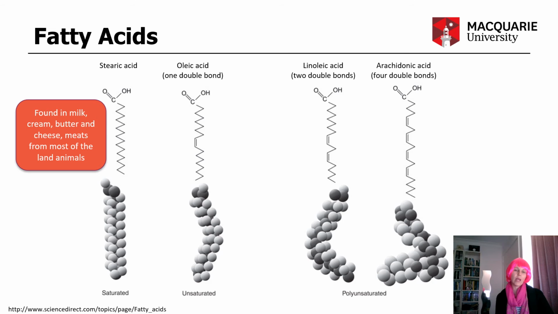If we have a look at where we can find these different fatty acids, saturated fatty acids can be found in milk, cream, butter, cheese, and different meats from most land animals. We should minimize the amount of saturated fatty acids in our diet. Unsaturated fats can be found in things like olives, peanut oils, and canola oil.